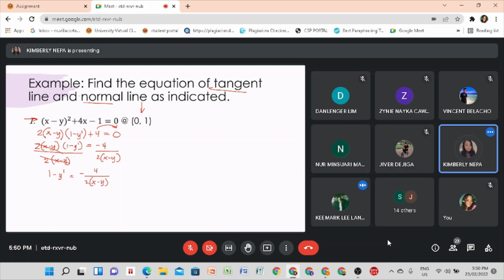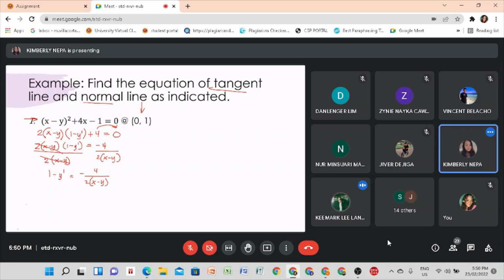Correct? Yes po. And then, again, what should remain here is just y prime. So, what do we do? Transpose the 1, ma'am. Transpose 1 to the other side. Correct? Yes. Or we can change y prime and move it to the other side, since y prime is negative.